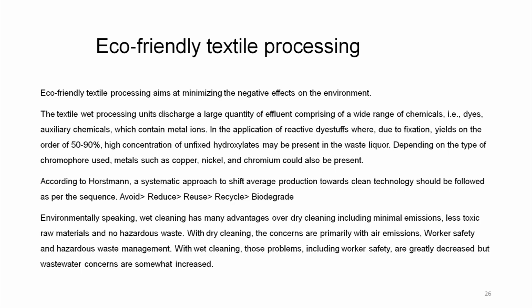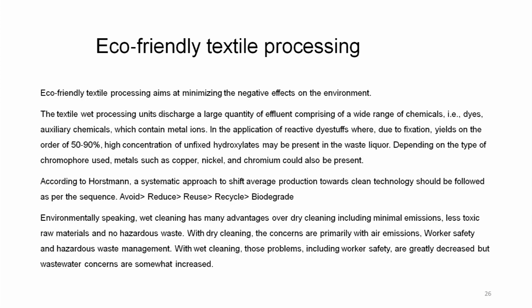According to Hostman, a systematic approach to shift average production towards clean technology should be followed as per the sequence: avoid, reduce, reuse, recycle, or biodegradable material should be used. Environmentally speaking, wet cleaning has many advantages over dry cleaning, including minimal emission, less toxic raw materials and no hazardous waste.